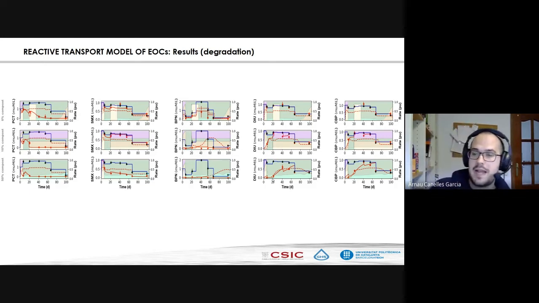And this implied some sort of effect in these dynamics of both sorption or degradation of these compounds. So we took that into consideration. And that's why we sometimes see these big steps over here, not only because there are changes in the geochemical model, but also because there are changes in the sampling model.